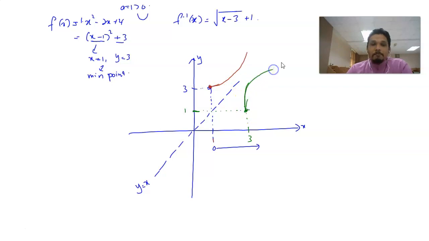Something like this. Okay, so this is the function f and this is the function f inverse. The question wants us to sketch the graph of f and its inverse on the same axis. Okay, that's it.